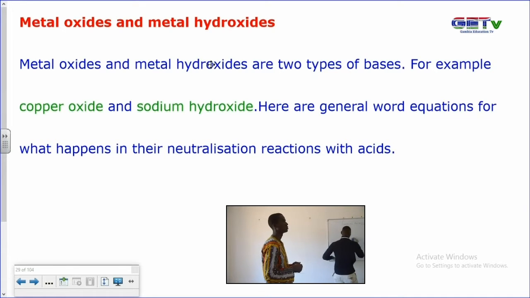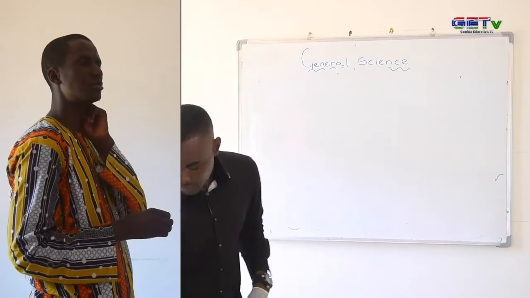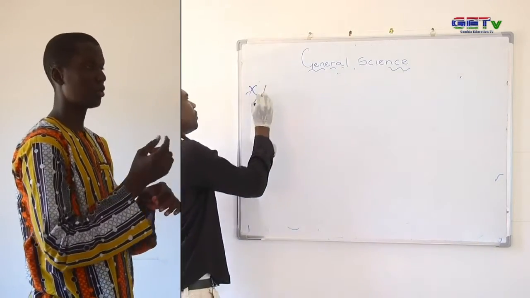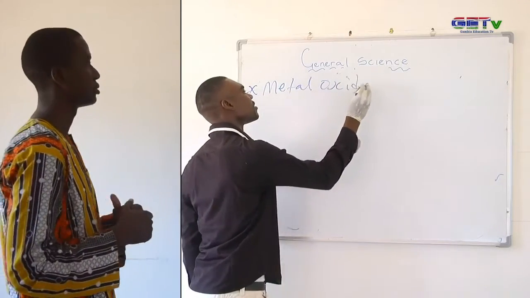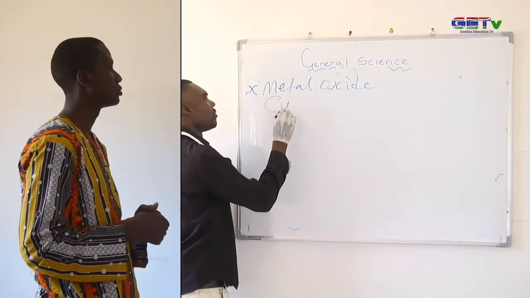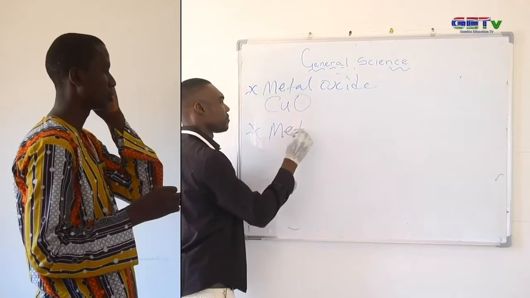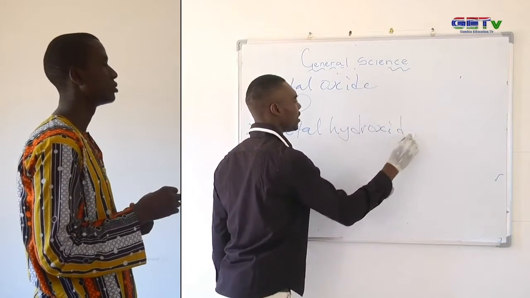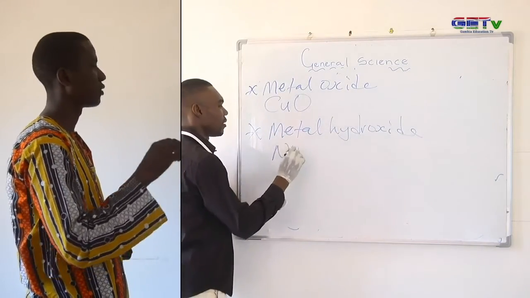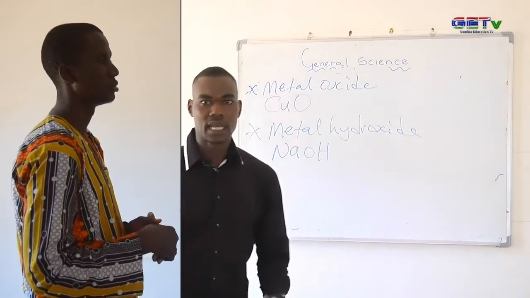A metal oxide is called copper oxide. The other one, a metal hydroxide, is sodium hydroxide, NaOH. So all these are bases.